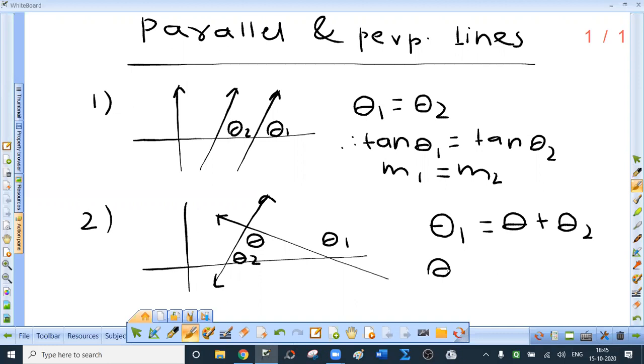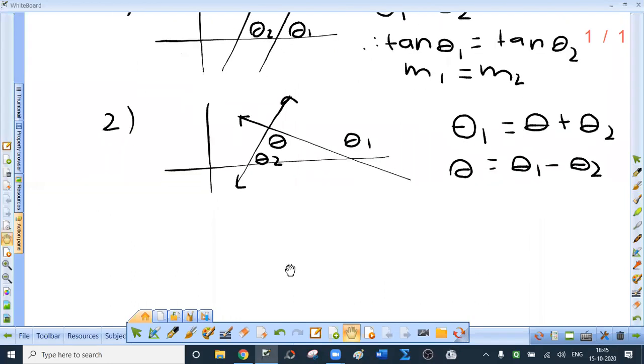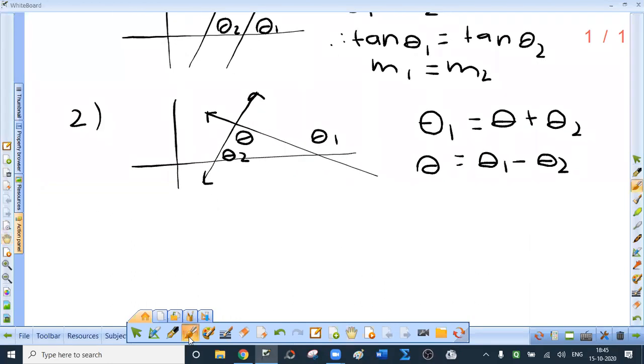So what is theta 1? It is theta 2 plus theta. So theta is theta 1 minus theta 2. If two angles are equal, their tangent ratios are equal, right? So what is tan theta? It is tan of theta 1 minus theta 2.